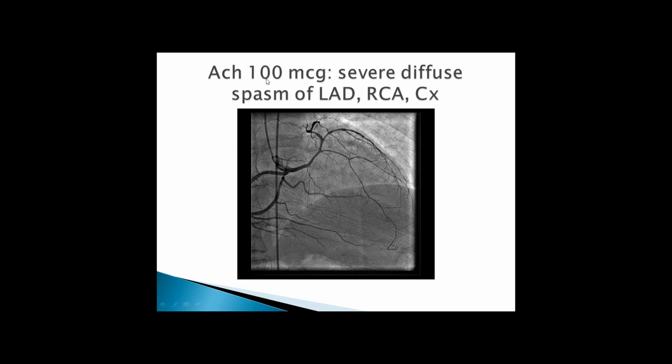This is what happened in these patients with the same dosage of 100 micrograms of acetylcholine: severe diffuse spasm of both the LAD, which is this vessel, to a minor degree, but also of the circumflex, and especially in the circumflex.